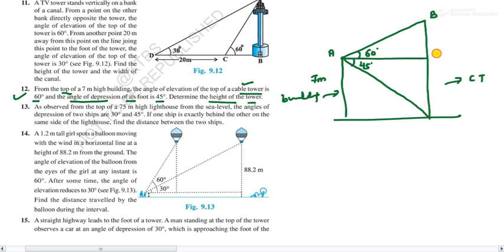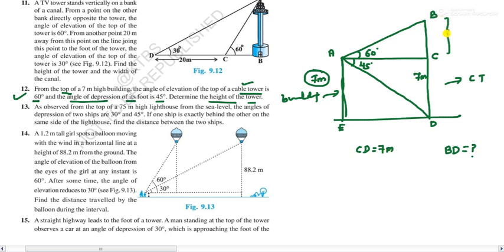Okay, so I'll name this as C, D and E. So we need to find BD, right? BD is the height of the tower. So we have to find that one. Got it? They have given this part AE is 7. Since it forms a rectangle, even this is 7. So CD is 7 meter.